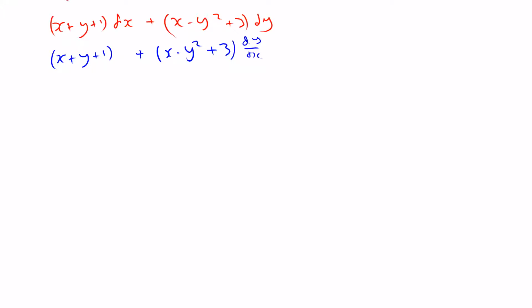This means it's now in the form that we can recognise, so we can identify x plus y plus 1 as M and x minus y squared plus 3 as N. If we take the partial derivative of M with respect to y, that will give us 1, and del N by del x is equal to 1.